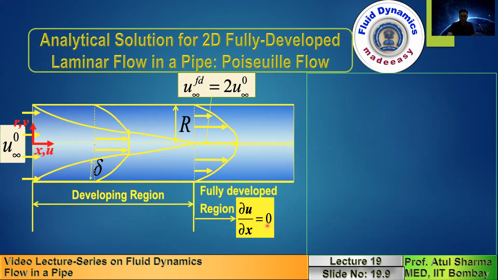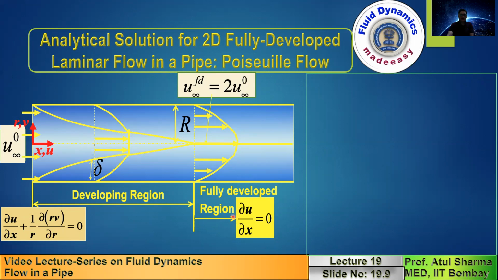So for an axisymmetric flow, if we write the continuity equation, which is obtained from the mass conservation law, del u by del x plus 1 by r del by del r of rv is equal to 0. This is the continuity equation in the cylindrical coordinate system, shown here for the axisymmetric 2D situation.